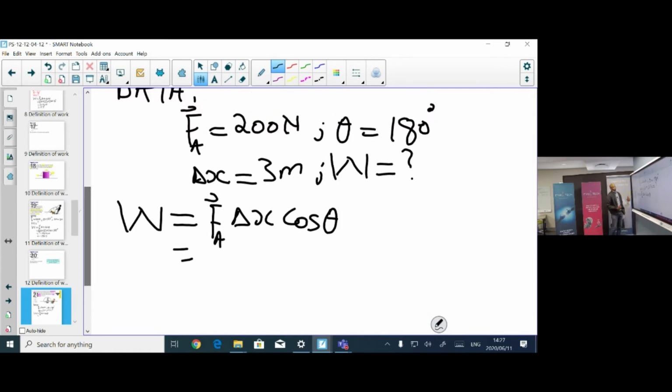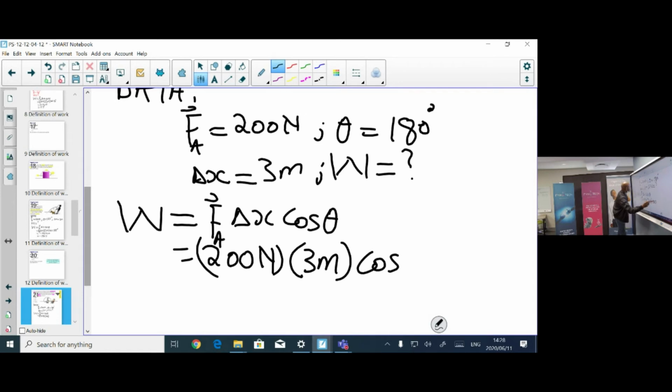We have applied force there, which is 200 in newtons. We have displacement of 3 meters. We have theta there, that is cos 180 degrees.